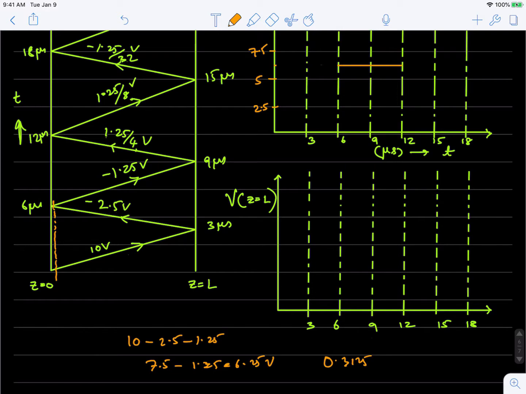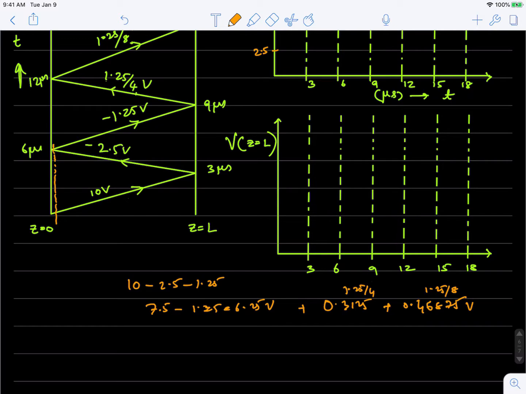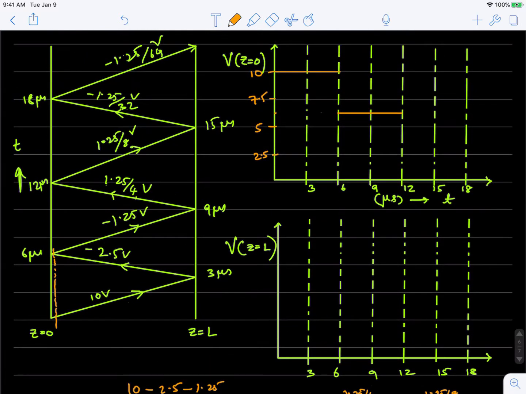So 1.25 divided by 4 is 0.3125, and 1.25 divided by 8 is 0.46875. So 6.25 plus 0.3125 plus 0.46875 is going to give you about 7.03125 volts. The reason I'm showing all of this is this is how it is actually done.